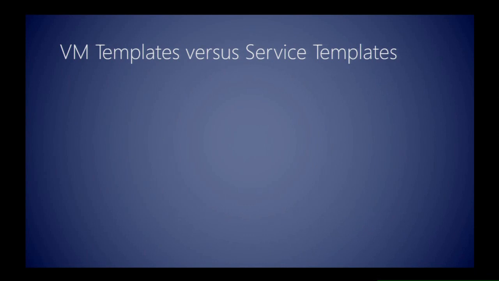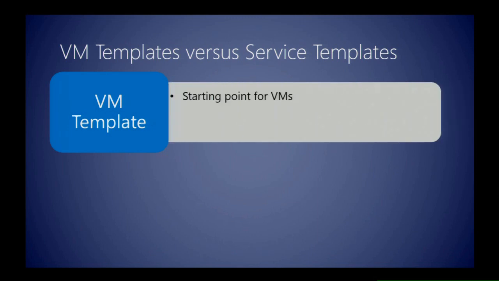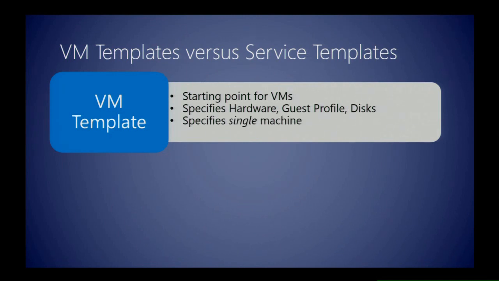So one thing I want to get out of the way first is the difference between the VM templates and the service templates. How many here have seen VM templates before and deployed them? Yeah, it's a very common thing. It's your starting point for your VMs. You specify your hardware, how your guest OS profile will be set, your disk, the same kind of situation you would if you were deploying the VM to Hyper-V from the Hyper-V console.